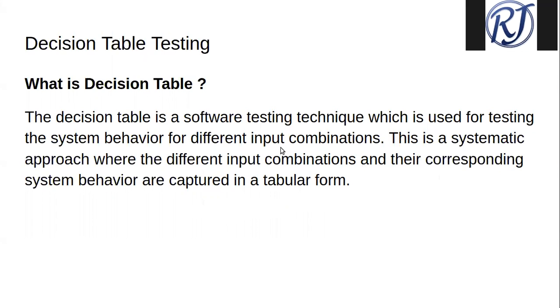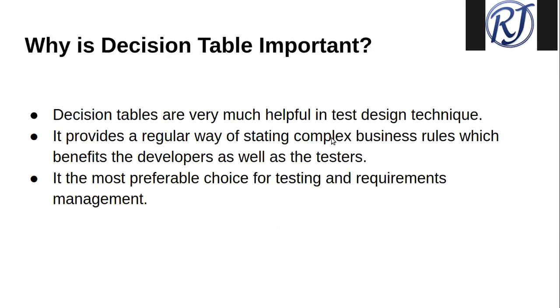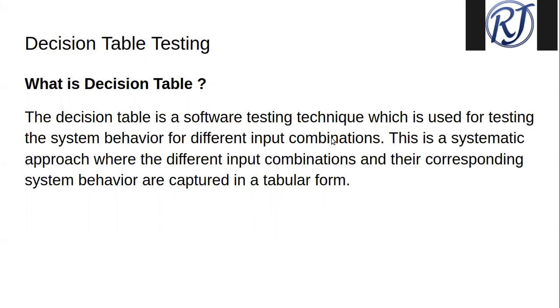So here, different input combinations means that we have an input form with different fields. Let's consider the login form, where we have a username, we need to enter a password, then we click on the submit button.